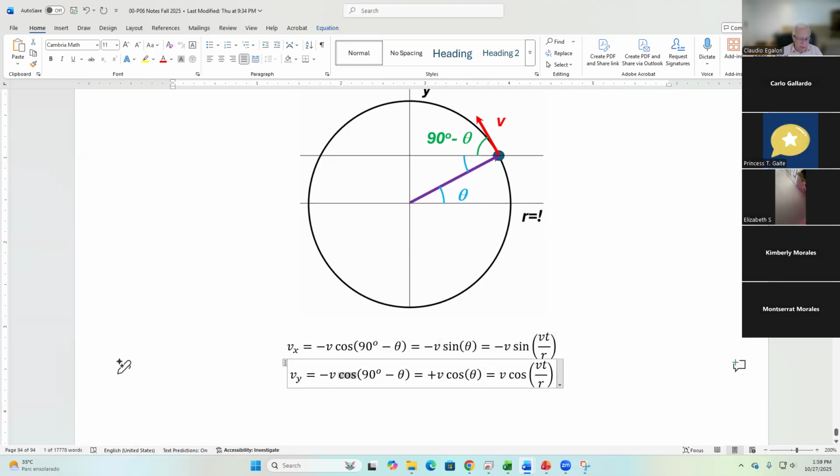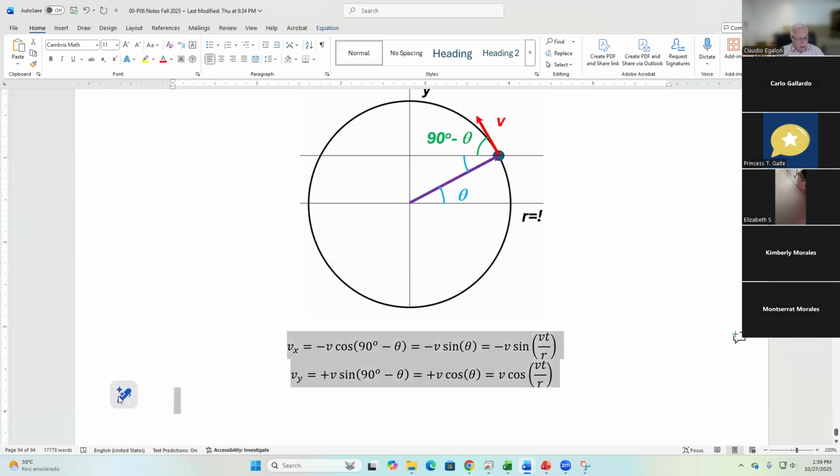But instead of cosine, we're going to have a sine. Sine of 90 minus theta ends up being equal to cosine of theta. We must have a positive, not a negative here. It's gotta be a positive. Let me emphasize that. And we substitute theta by what we found before.